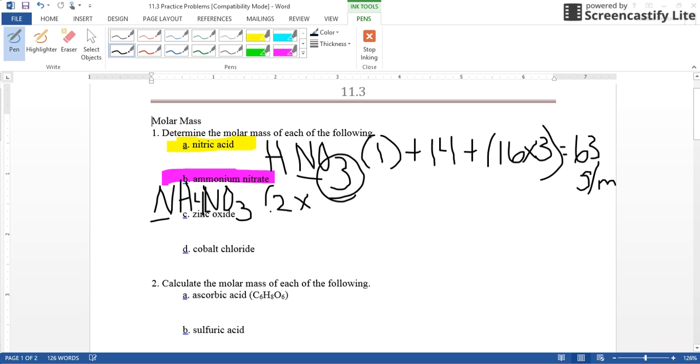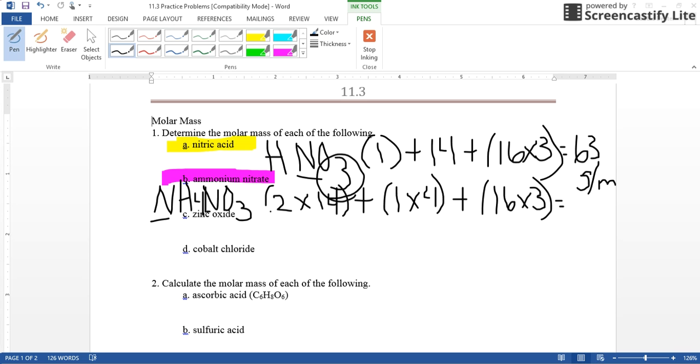So 2 times the average atomic mass of nitrogen, which is 14, plus the average atomic mass of hydrogen, which is 1, multiplied by the number of hydrogen, in this case 4, plus our next element is oxygen, which has an average atomic mass of 16, times the number of oxygen present, which is 3. We multiply that together, and you have 80 grams per mole.